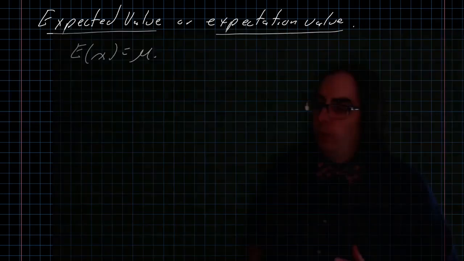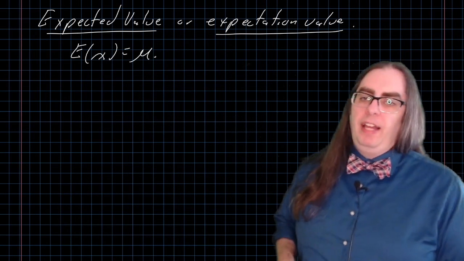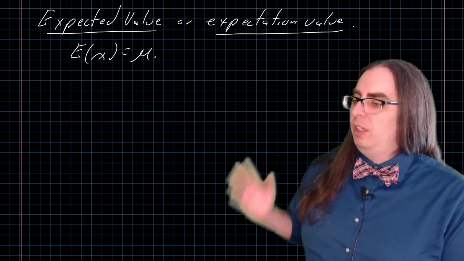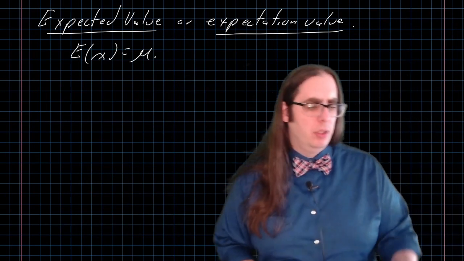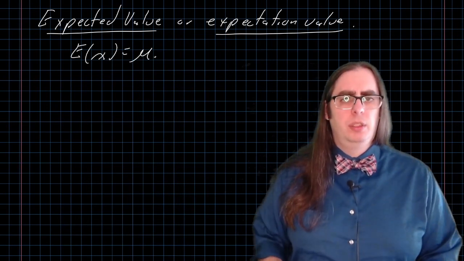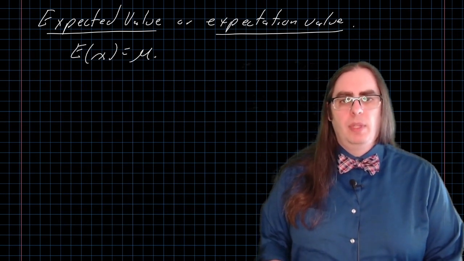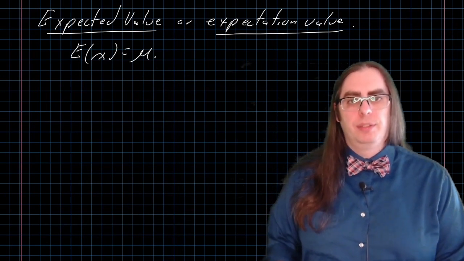Mathematically, we write the expected value of a random variable, E of x, capital E, evaluated at the random variable x. And it is simply the mean of the distribution, which immediately brings forth the question, why do we give it two different names? The answer for that is entirely one of interpretation.